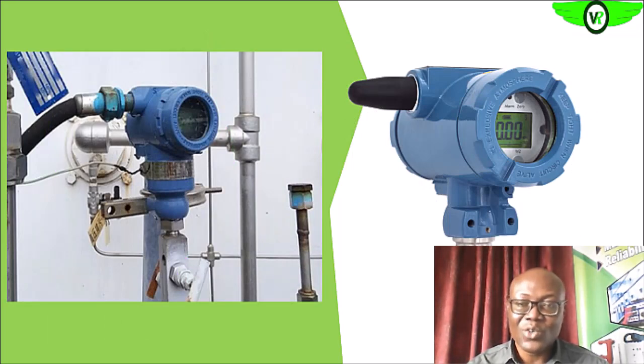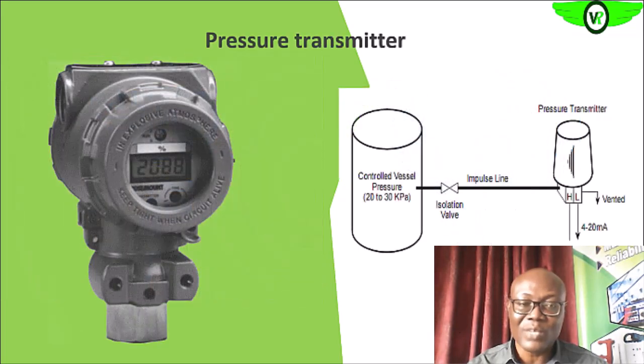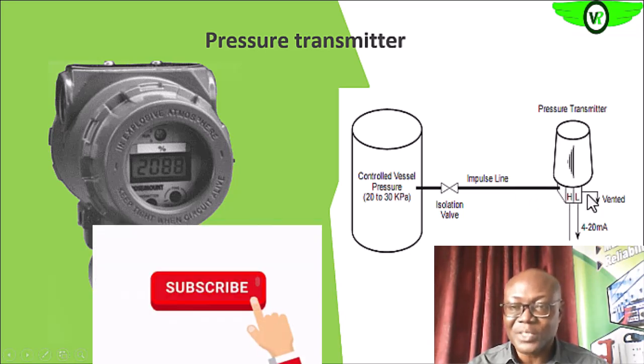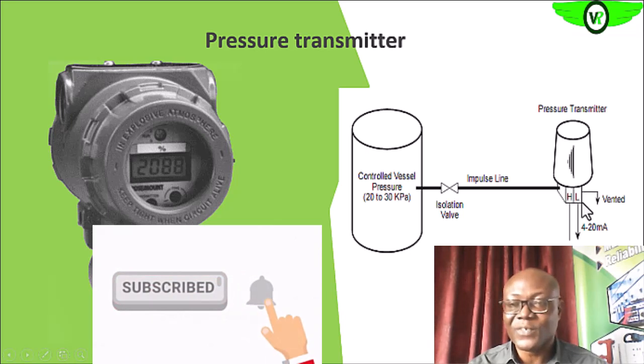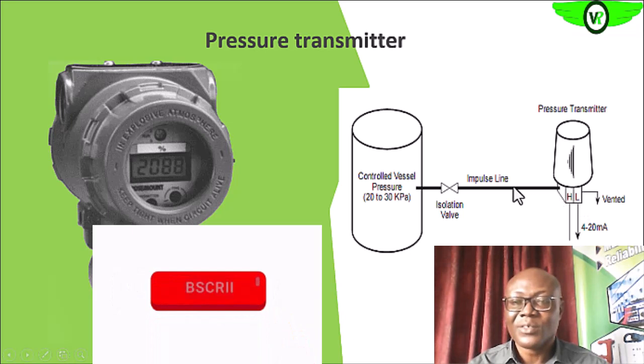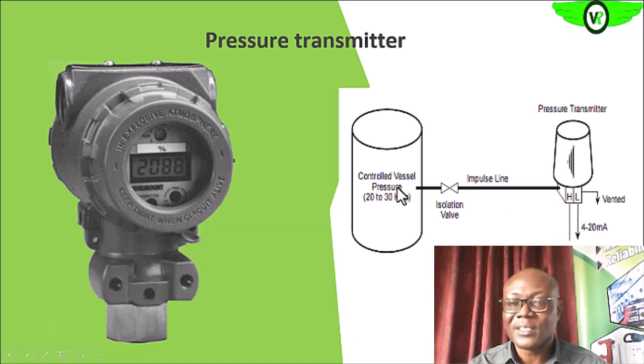So in most designs these days, we have both the sensor and the transmitter in a single transmitter unit, like we have here. This is a DP, we'll see it later, differential pressure transmitter. This is the impulse line that brings the process fluid, and the pressure on this line is the same as that in your process.